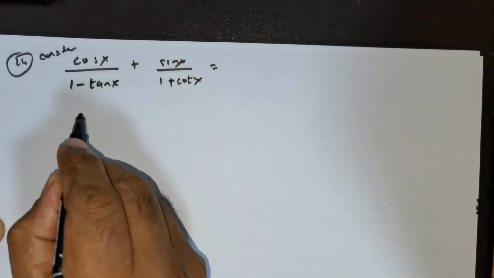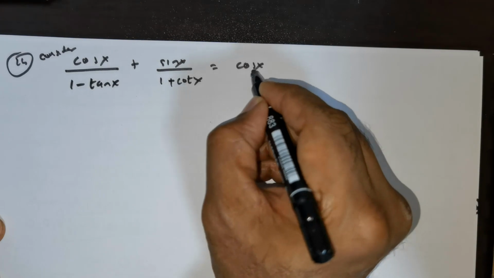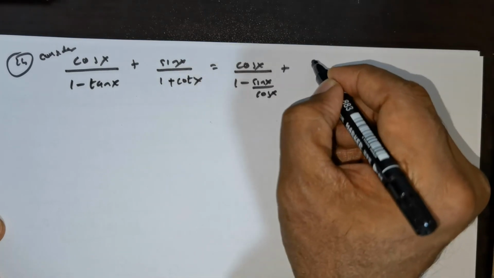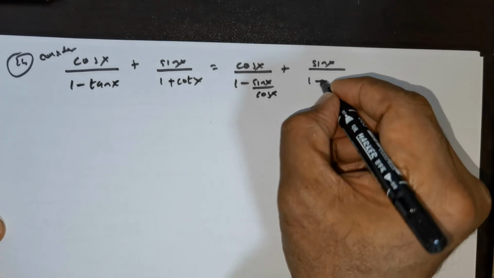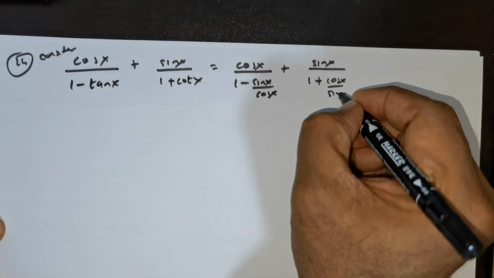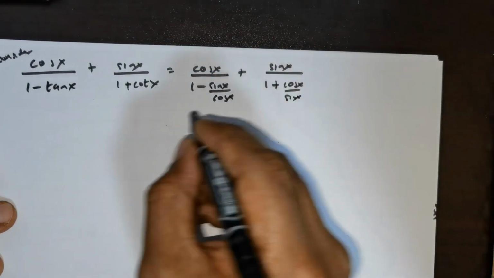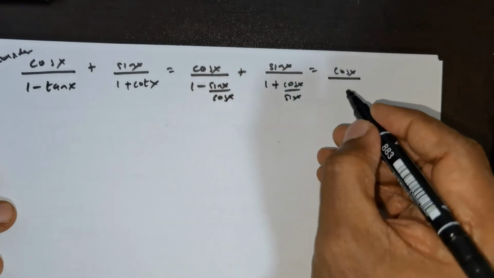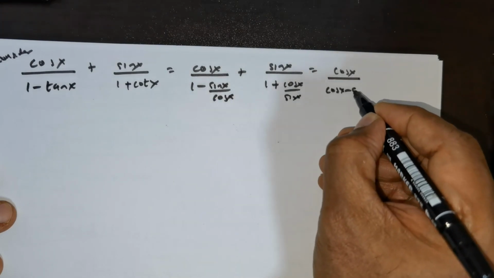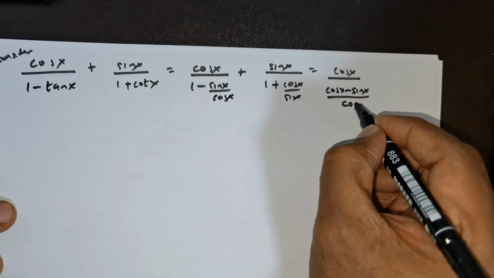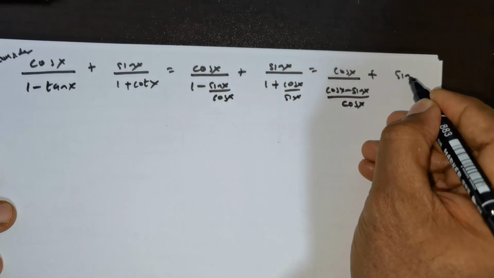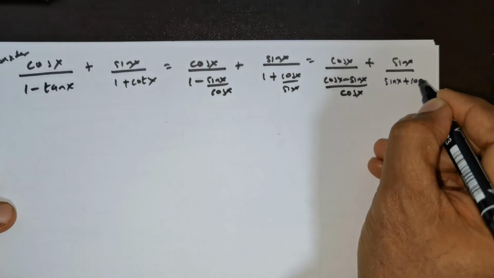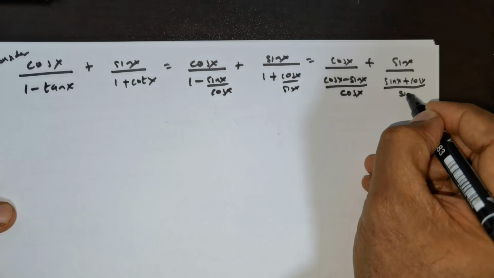I'm going to rewrite this as cos x over 1 minus sin x over cos x plus sin x divided by 1 plus cos x over sin x, which can be rewritten as cos x over, I'm taking the LCM as cos x, so this is going to be cos x minus sin x divided by cos x plus sin x over sin x plus cos x divided by sin x.